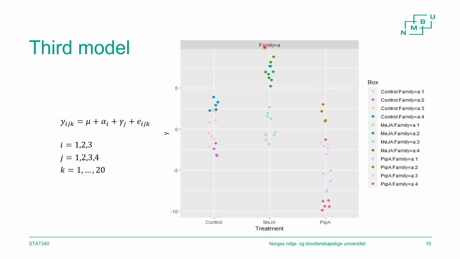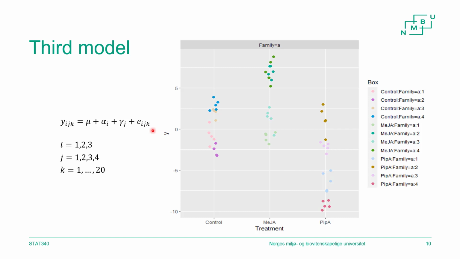So we have tried to explain all the variance with treatment and family, but there's still some variation left here which is systematic, namely which box the different plants were growing in. We can clearly see that. There is no mix of colors here, as there should be if this model was the correct one. So now we have to add the effect of box as well.